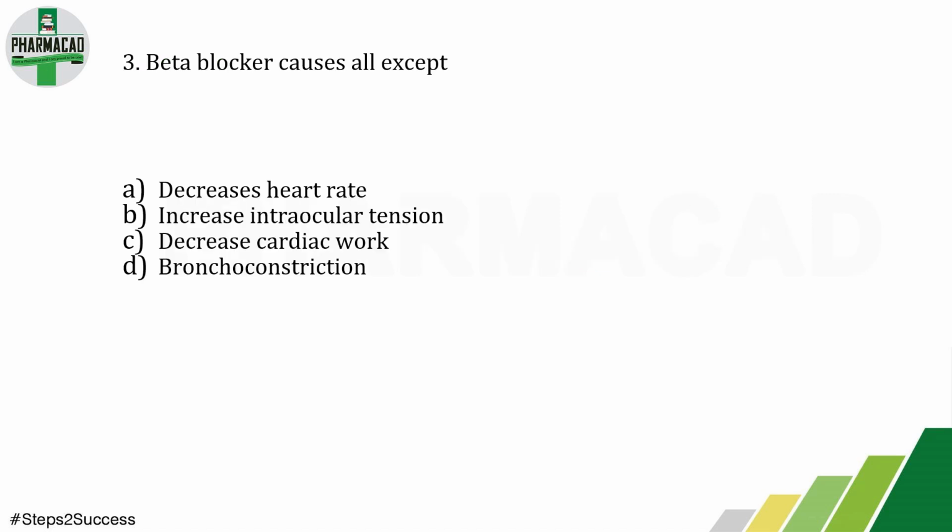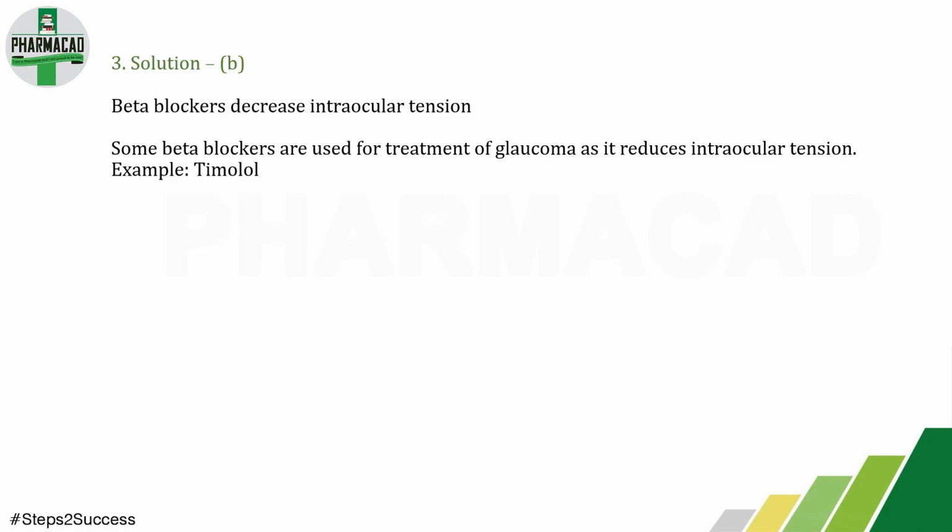Next question, beta blocker causes all except. So here we have the four options, that is decreases heart rate, increases intraocular tension, decreases the cardiac work or bronchoconstriction. The solution is option B, that is increases intraocular tension.